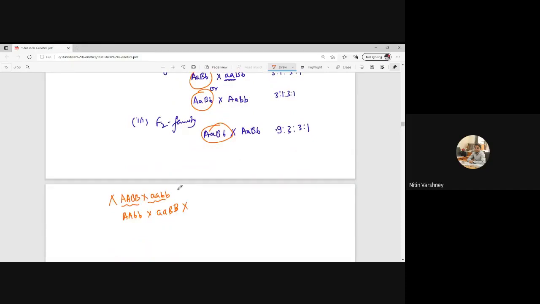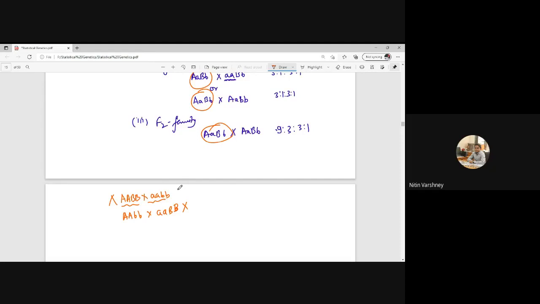Now there are various methods of detection or estimation of linkage. Step one is to test for linkage, when the linkage is detected by its expected ratio, and step two is to measure the estimation.